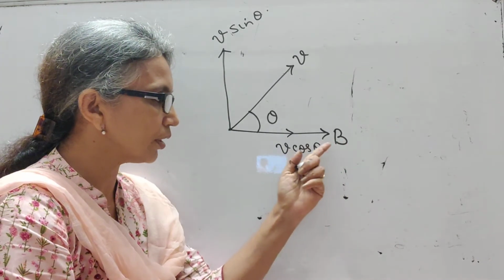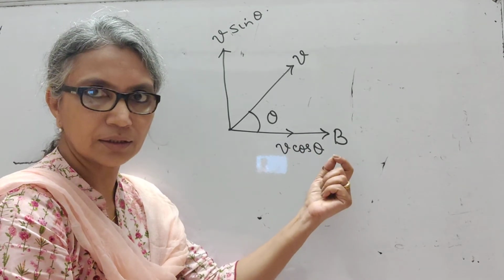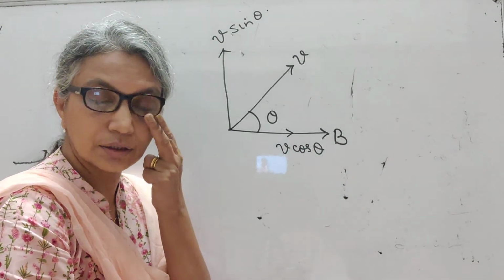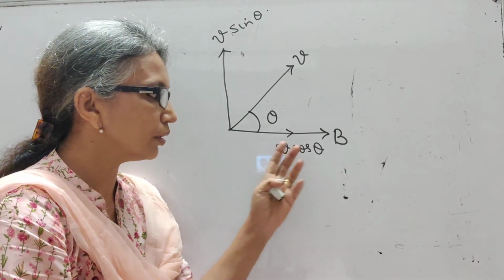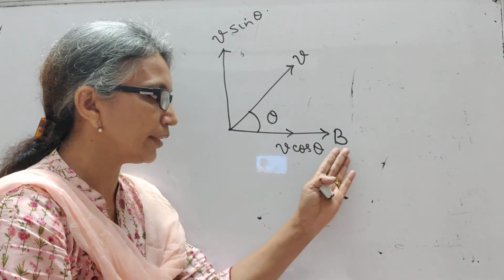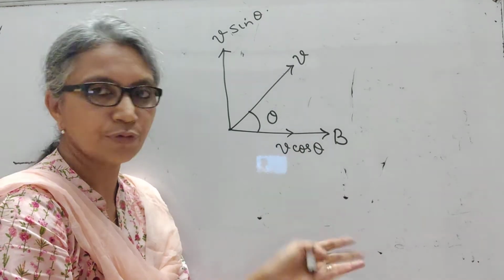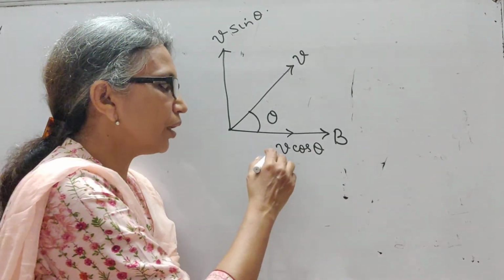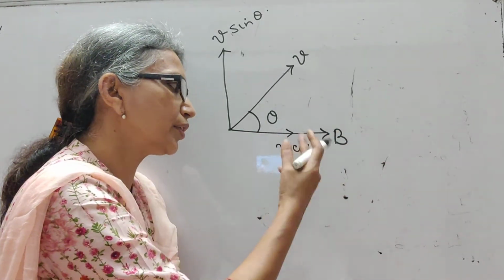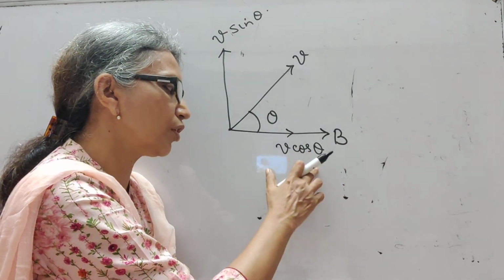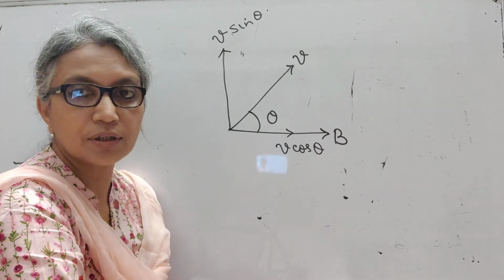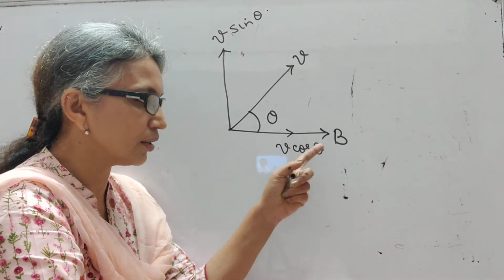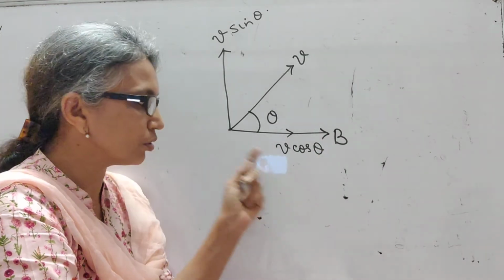If velocity and B are parallel, then the force is 0, remember? So for this component V cos theta and B, there is no force. This particle will continue to move as if there is no effect. With the same velocity V cos theta it will continue to move forward because there is no force exerted on the particle because of this component.